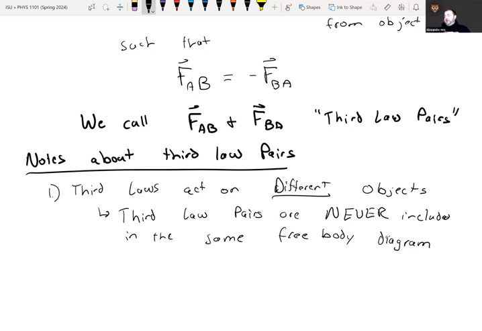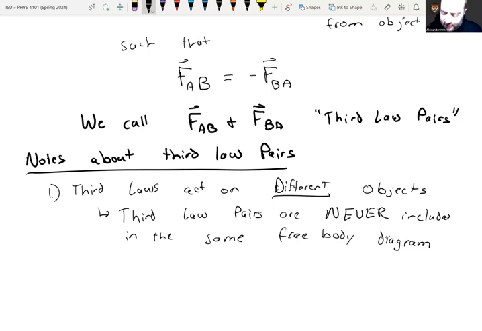The only one that's acting on the ball is my push on the ball. The push from the ball is acting on me, and I've got other forces that basically make that push from the ball functionally not really affect me much. Whereas my push on the ball does affect the ball quite a bit. So because they're not on the same object, third law pairs do not affect the motion of a single object. That's important to remember.